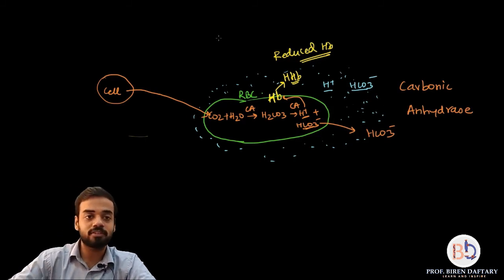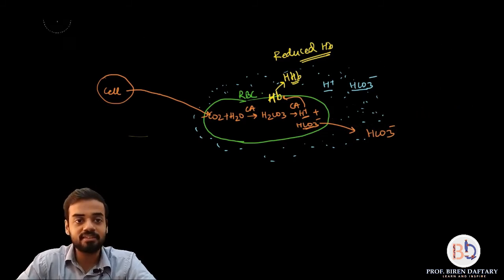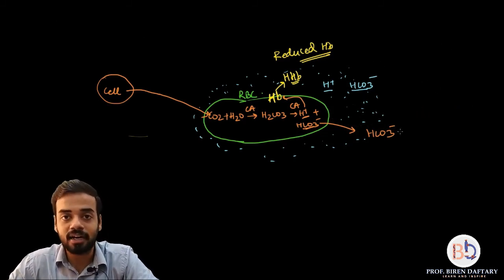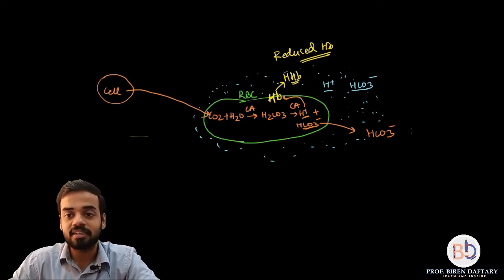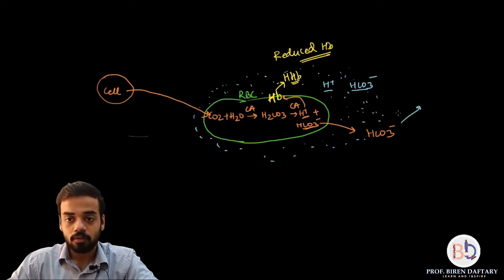Now what happens to this HCO3 minus in the plasma is, these bicarbonate ions react with sodium and potassium salts.